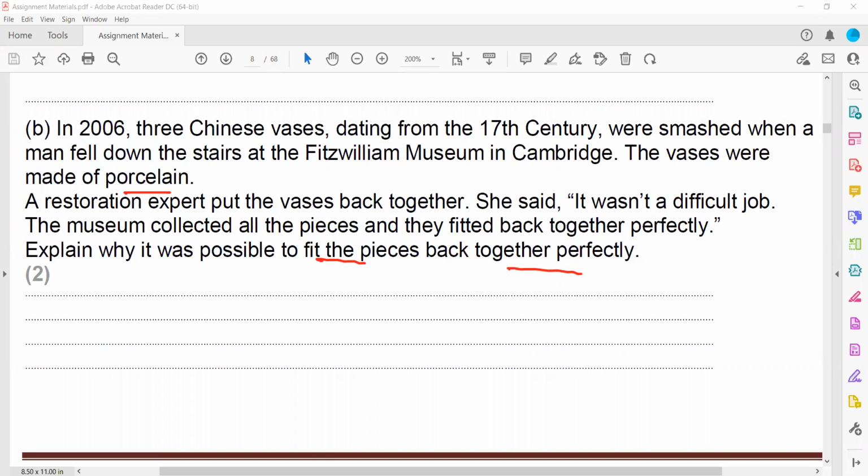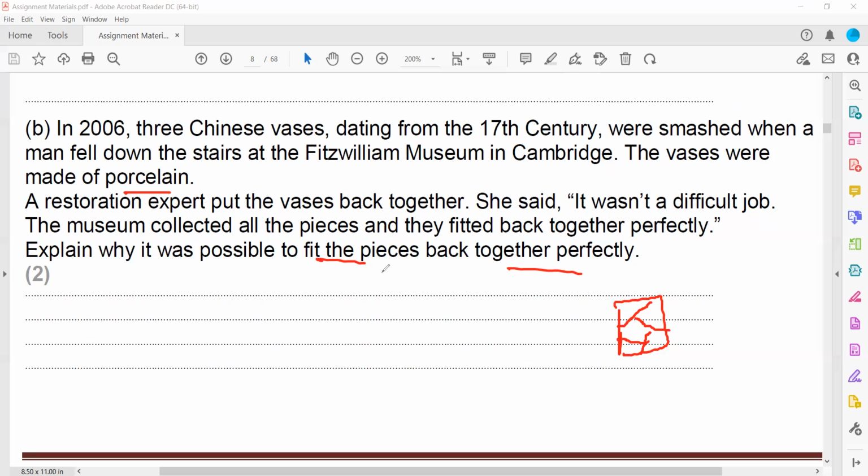When it breaks into pieces, the pieces do not change size. As a result, if we want to fix it, we just have to combine the pieces in the correct order so that they form the same figure again. That's why, if a brittle object breaks, the particles in the small pieces do not undergo any large deformation, so we can fix them together.